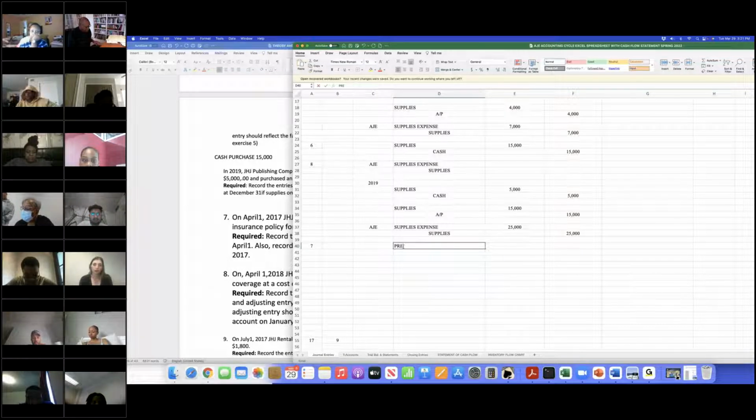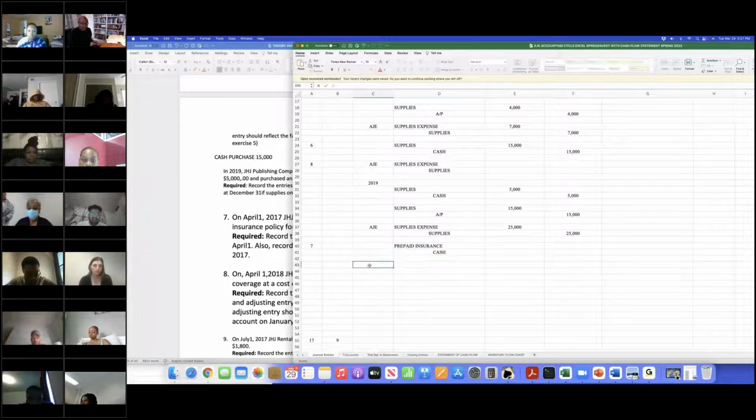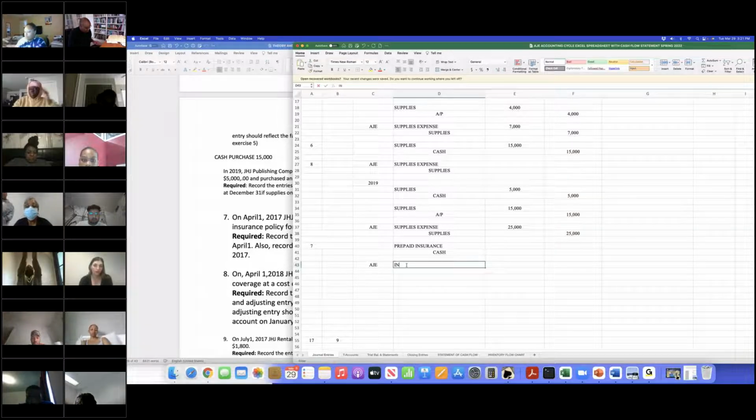We're going to debit prepaid insurance. What we're going to credit? Cash. We're going to credit cash. And then the adjusting entry is going to be what? The insurance expense. We're going to debit insurance expense and credit prepaid insurance.